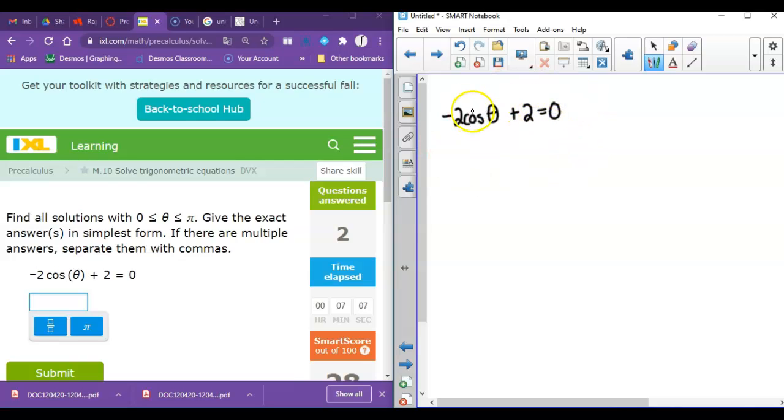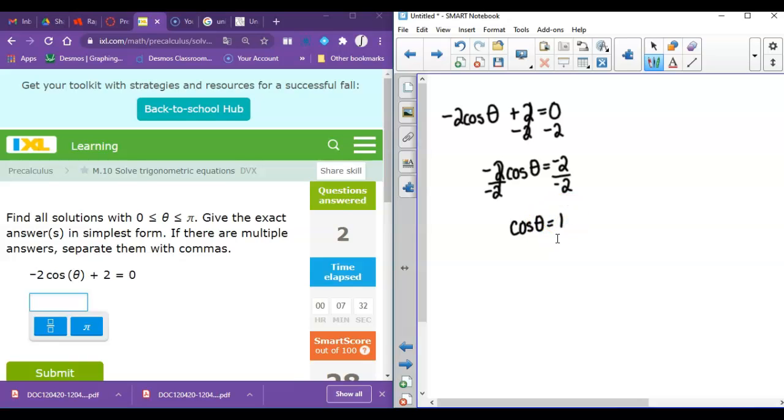So before we can solve this equation, we have to solve this equation for cosine of theta. So I would subtract the 2 here. So I would have negative 2 cosine of theta equals negative 2. And I would divide both sides by negative 2. And so I'm looking where cosine of theta equals 1.